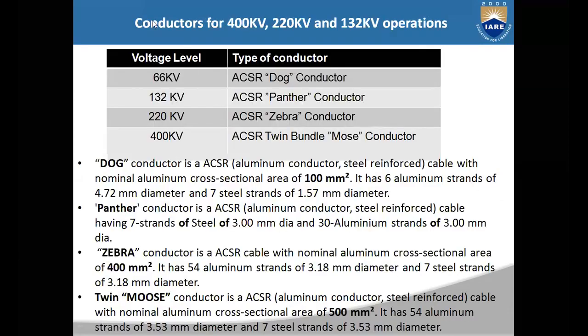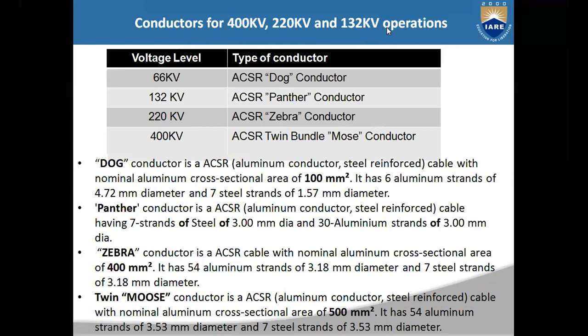Right. So then what are the conductors that are used for 400 kV, 220 kV and 132 kV operations? You know that while discussing the first chapter, we discussed the different types of conductors: all aluminum conductor, aluminum alloy conductor, aluminum conductor steel reinforced, aluminum conductor alloy reinforced.